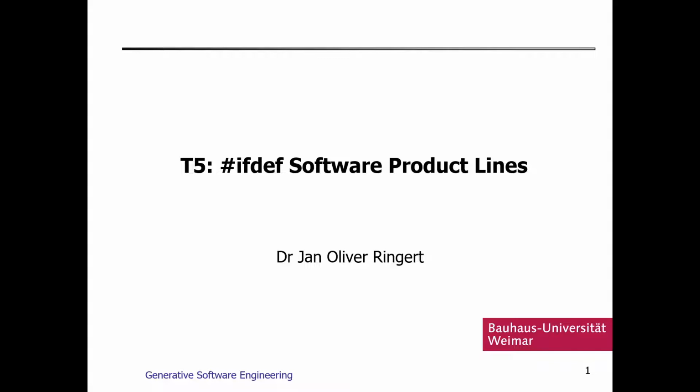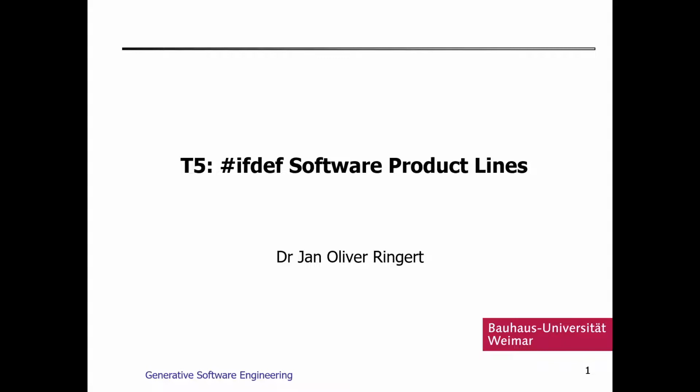Last time we looked at variation mechanisms, and we said that the preprocessor-based one is the most popular variation mechanism that allows the configuration of products from existing code. We had a few others, like delta application or the annotation of models, and also one based on simply inheritance and parameterization of the systems.